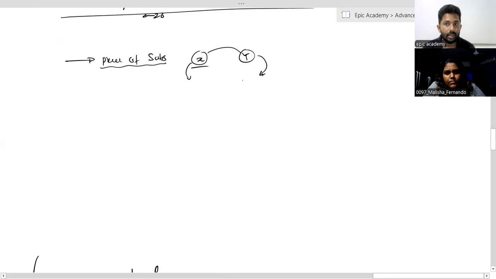Okay, so this is related to cross elasticity. You can remember that one, cross elasticity. In cross elasticity, two types of things can happen. First one is substitutes. Second one is complementary.